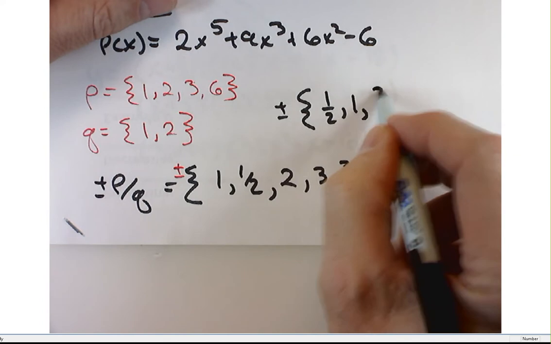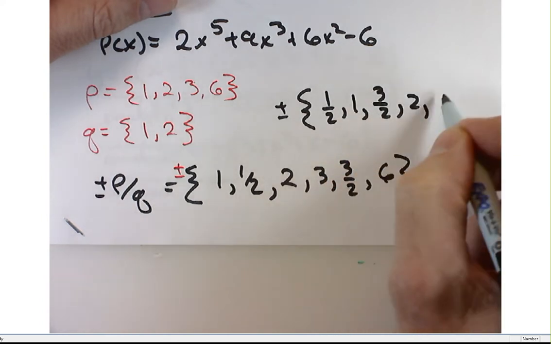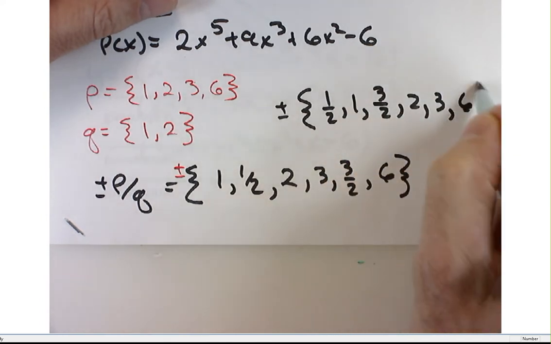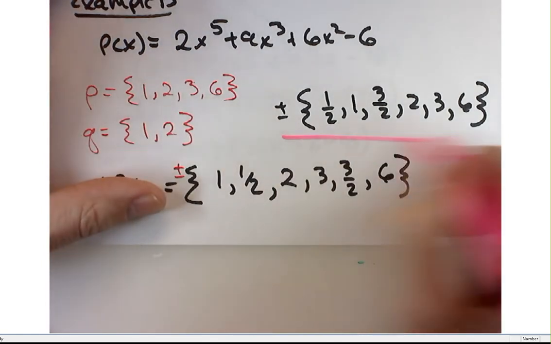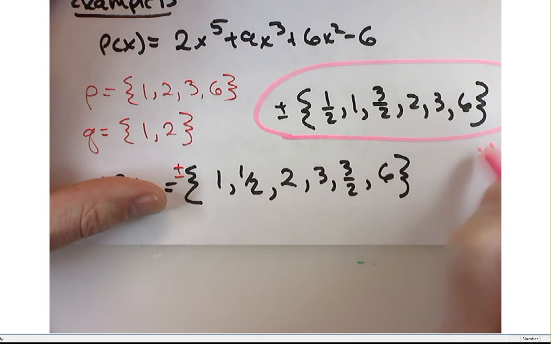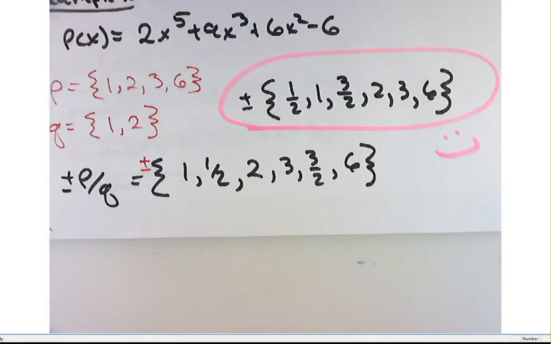No, how about then 3/2, then 2, then 3, then 6. So you might get an appreciation point from me if you take the time to write them in increasing order there, but don't count on it. It is appreciated either way, though. And that's it. Just looking for the possible rational roots.